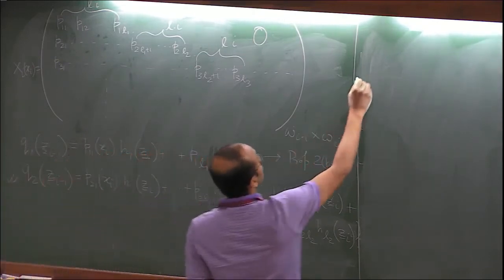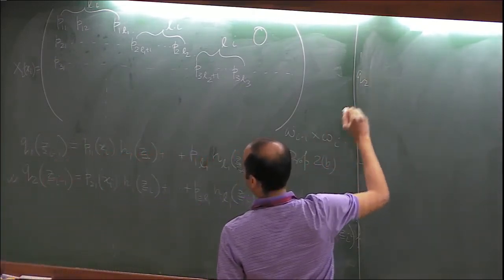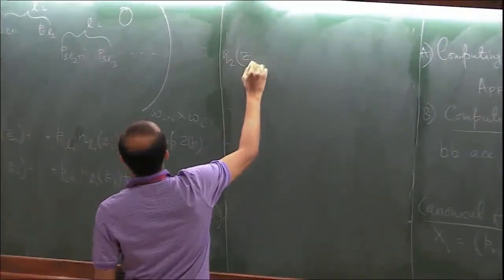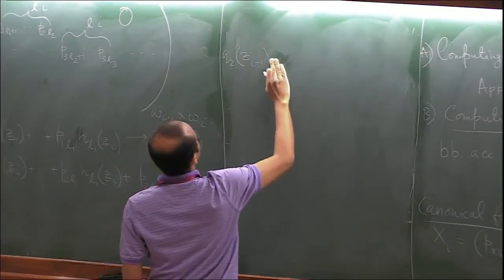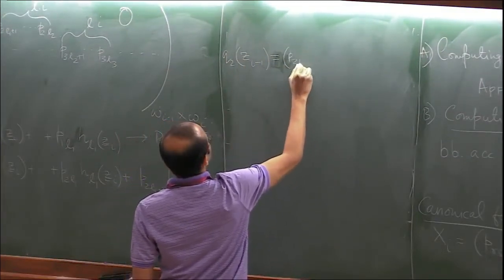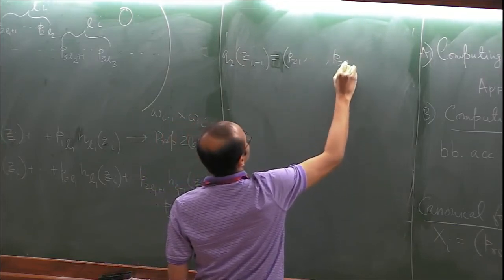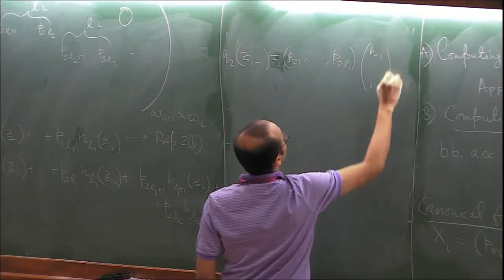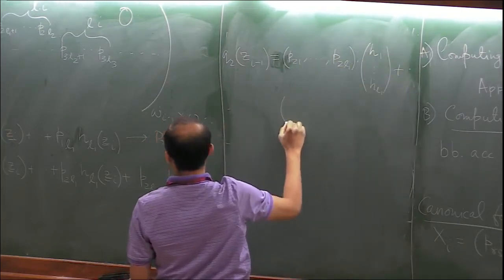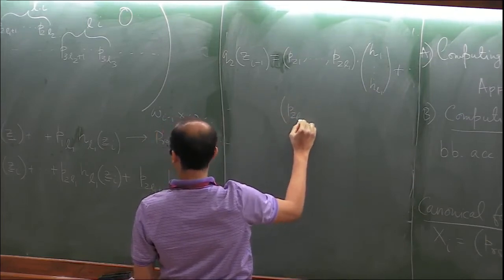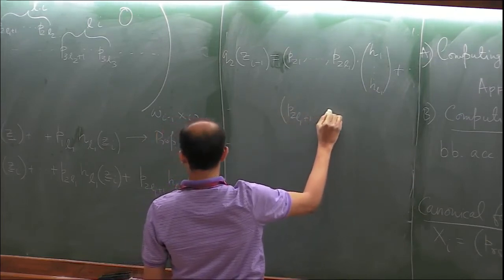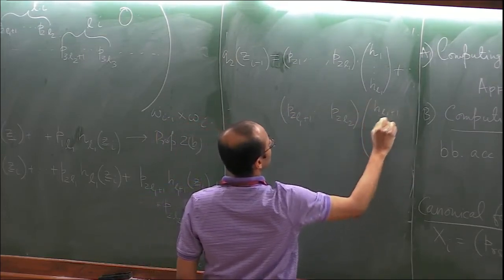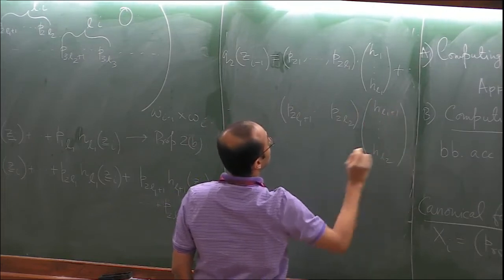Okay, so you can write this equation. Let me just write this equation in the row and column form. P21 through P2L1 times H1 plus P2L1 plus 1, right?